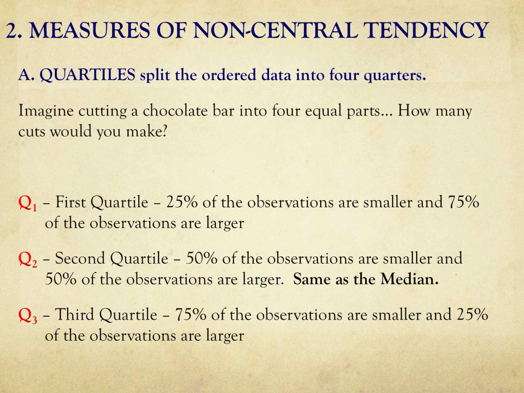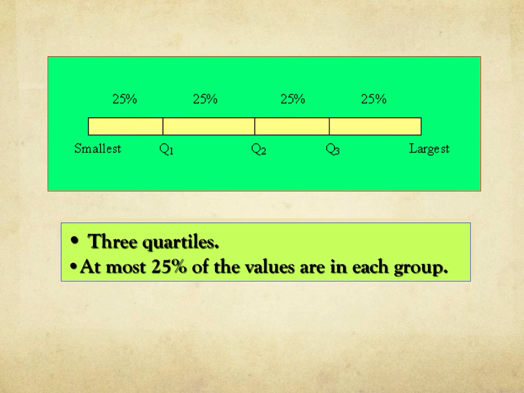So we have 4 equal parts, but we have 3 cuts. These 3 cuts are what we call the quartiles. That means when we have 4 equal parts, we have 3 quartiles.